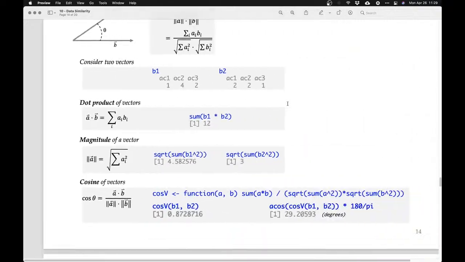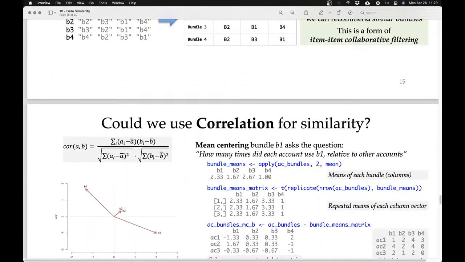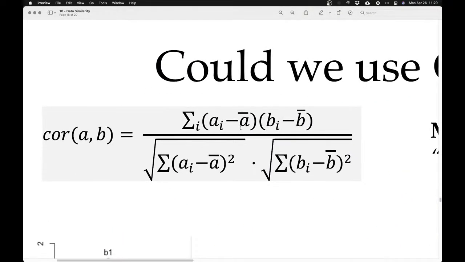Let's look at the formula for correlation. If we treat these as vectors, what is this? What the hell is this, by the way? What's going on there? It's some values A minus, what is this? The mean of A. What do you call this expression when you take the mean of something away from it?